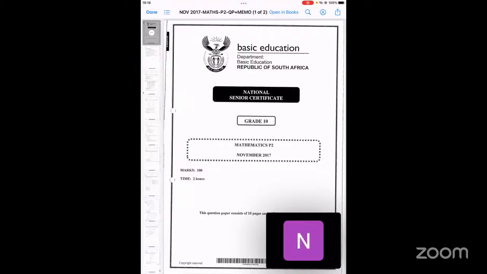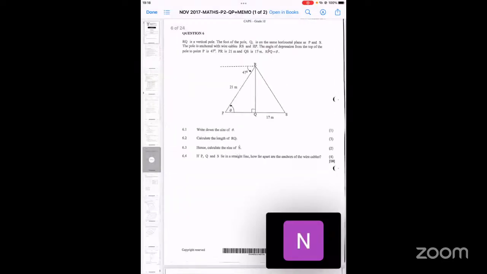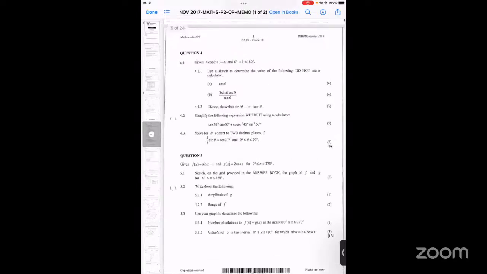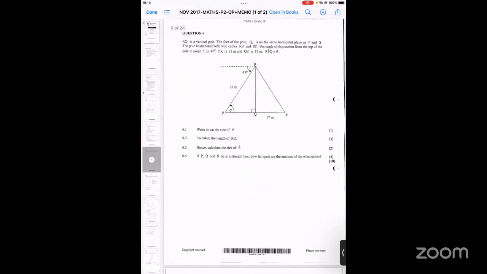Okay, this one is paper 2. Remember, guys, I'm just randomly selecting some questions and then we just discuss. So let's see, RQ. I hope you guys can see RQ. Maybe let me do this so that I'm able to highlight.